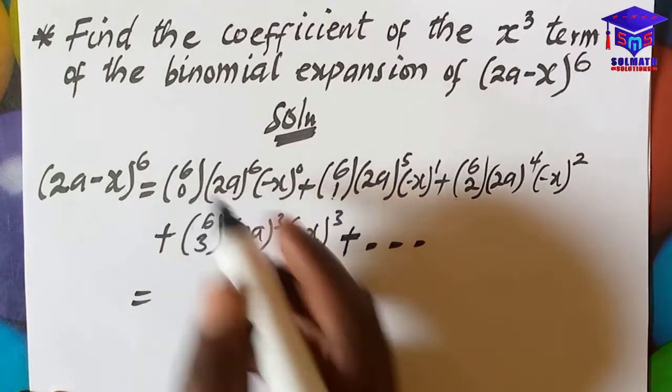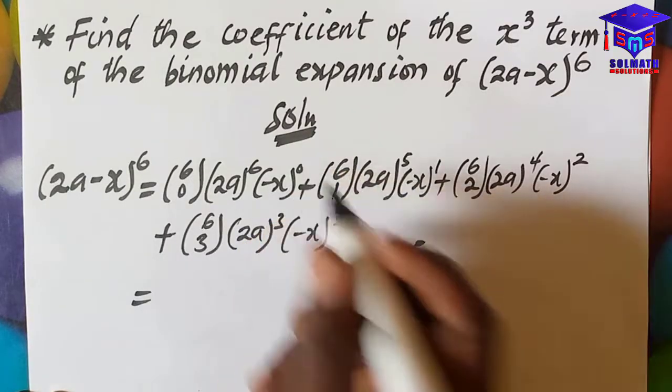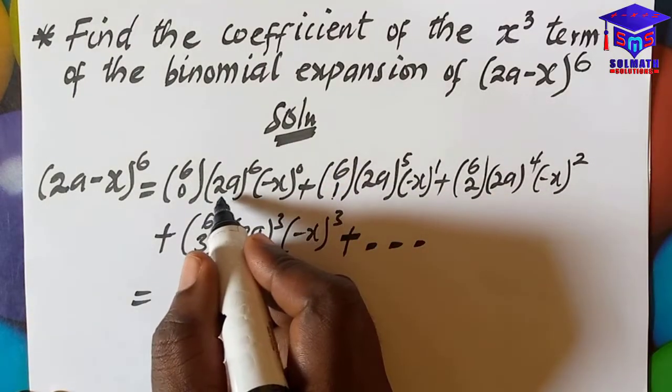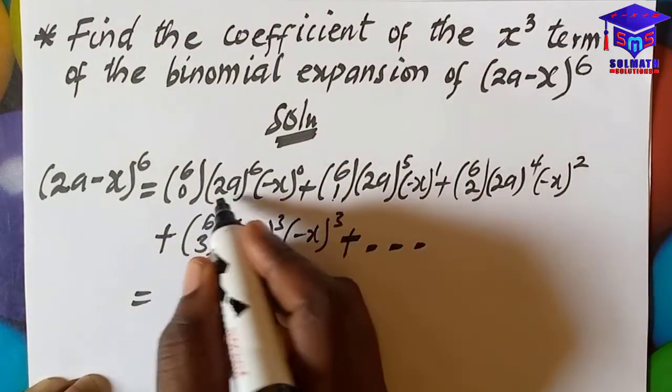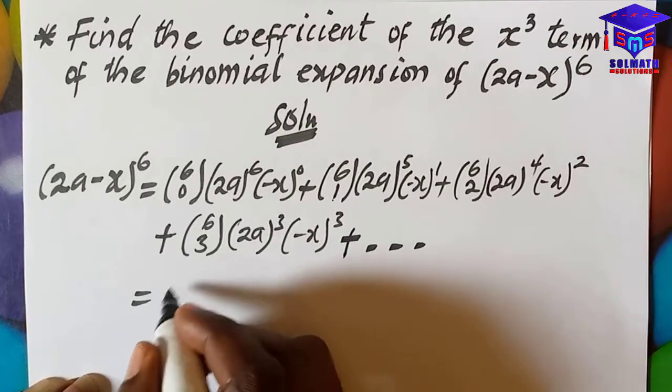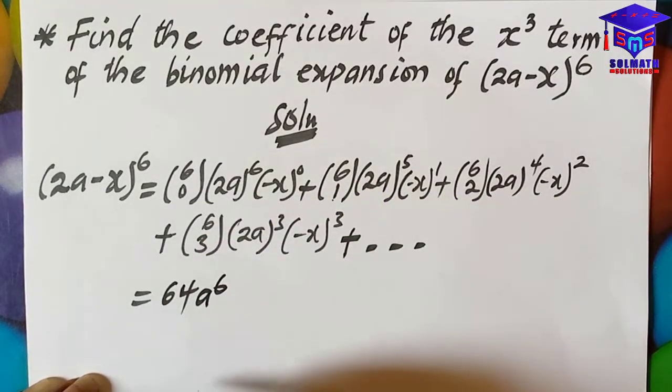Now 6 combination 0 will give us 1, and the negative x to the power 0 also gives us 1. So now you're left with (2a) to the power 6. 2 to the power 6 will give us 64, and then a to the power 6.